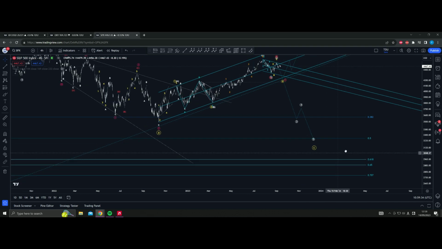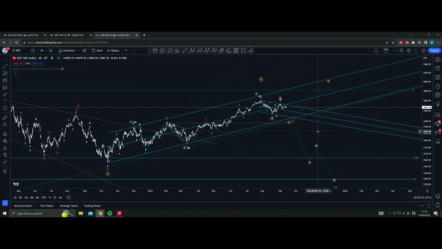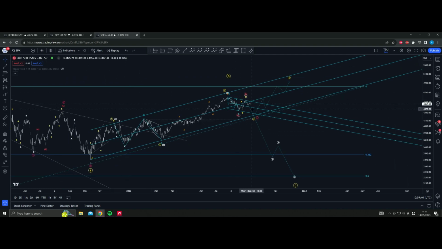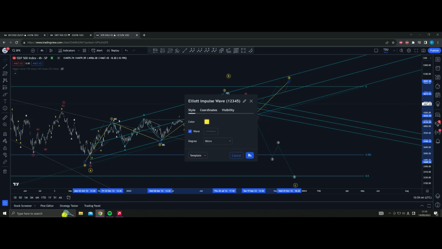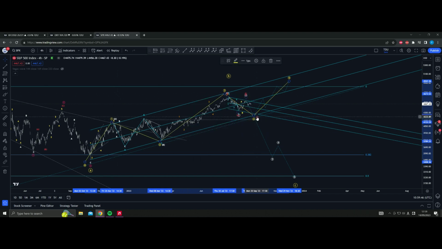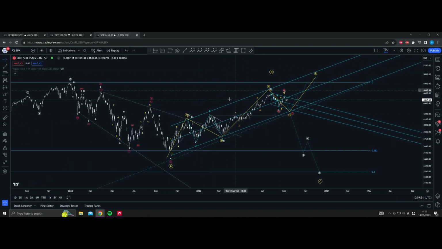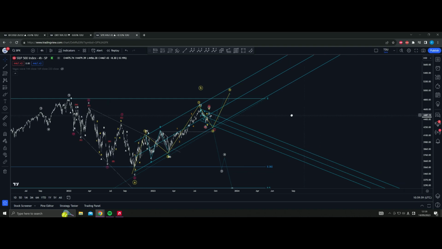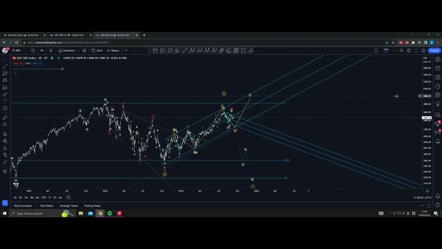C can go as far as it wants, and if not, if we're making just a corrective here, then I'm gonna go to discount 1, 2, 3, 4 and 5, and either we completed something else with this 5, or this is just gonna be wave 1, and then we have a 2 and then a 3, a 4 and 5, and if not that, well, then get ready for this.